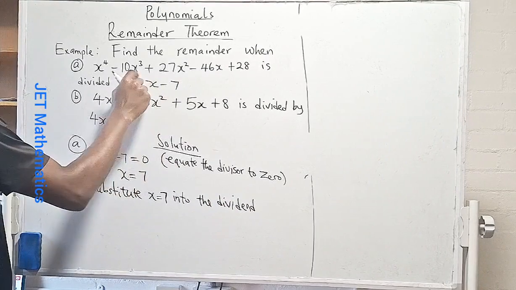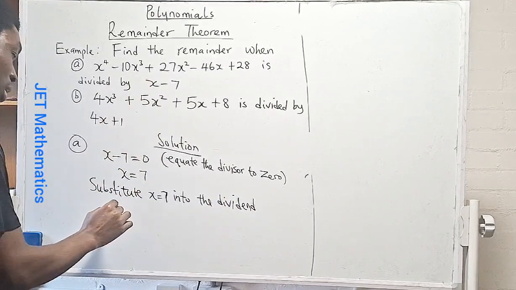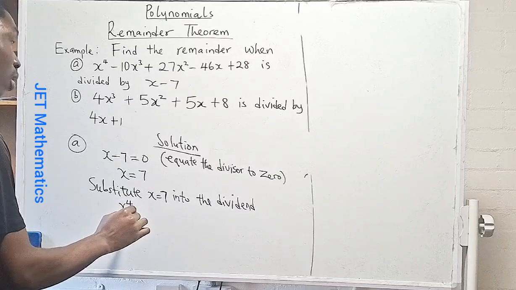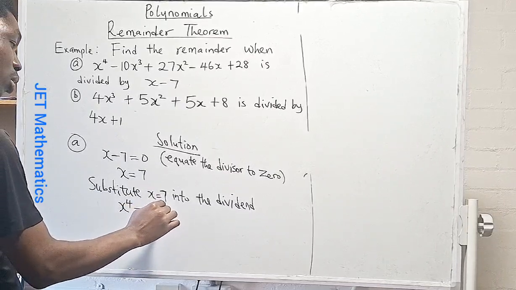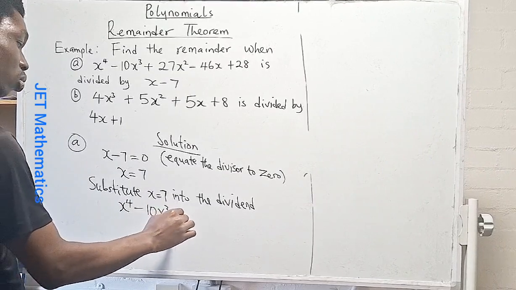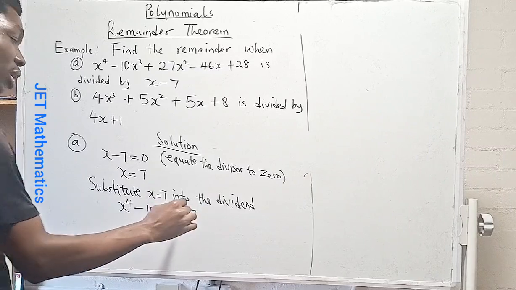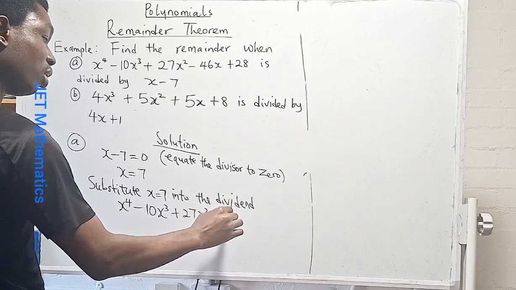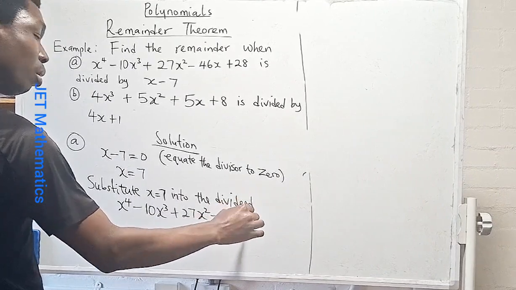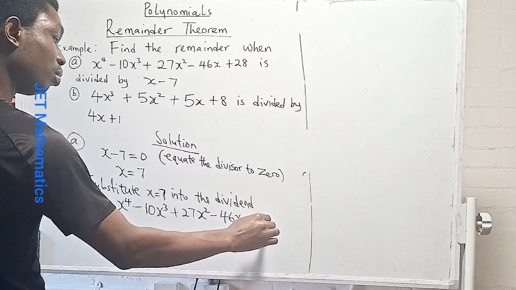So this is the dividend: x raised to the power of 4 minus 10x cubed plus 27x squared minus 46x plus 28.